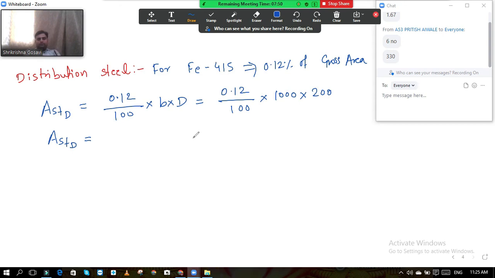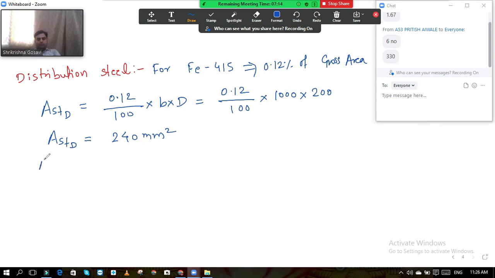What is the answer? 240. Okay, so it is 240 mm square.